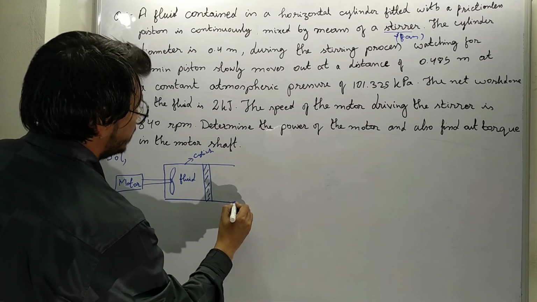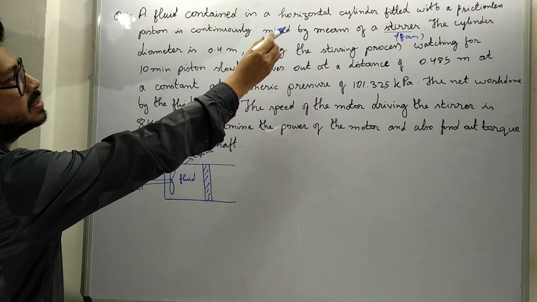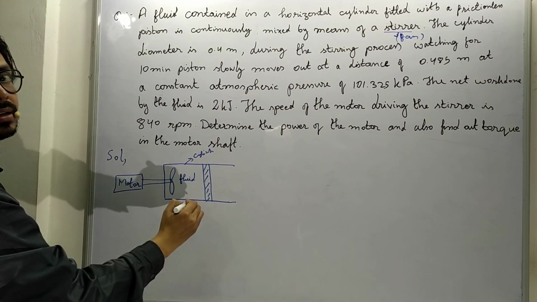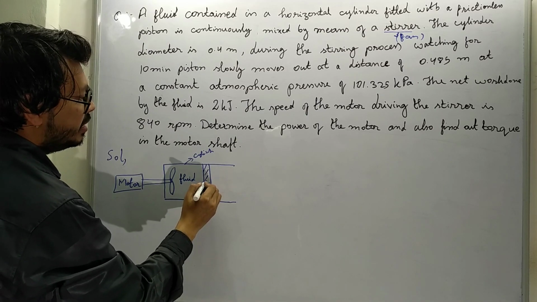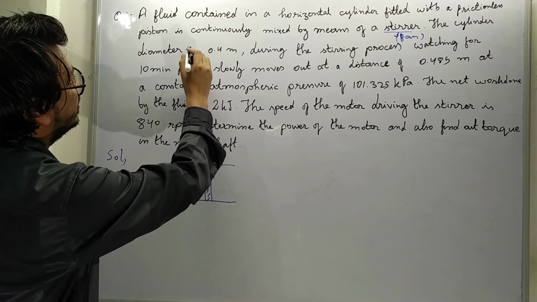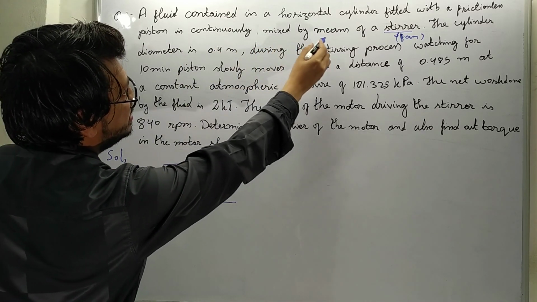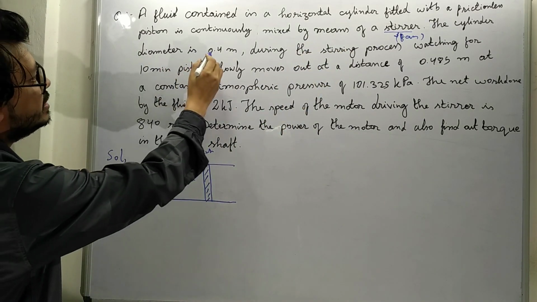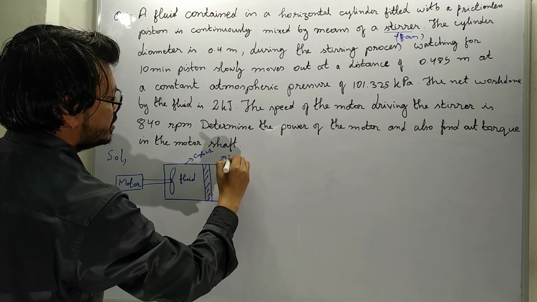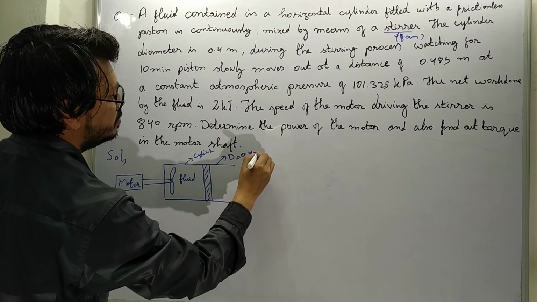So a fluid contained in a horizontal cylinder. This is a horizontal cylinder fitted with a frictionless piston. This piston is frictionless, and the fluid is continuously mixed by means of a stirrer. This is the stirrer. The diameter of the cylinder is 0.4 meter.